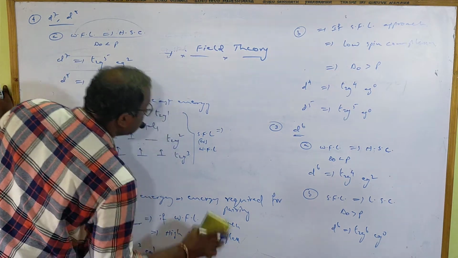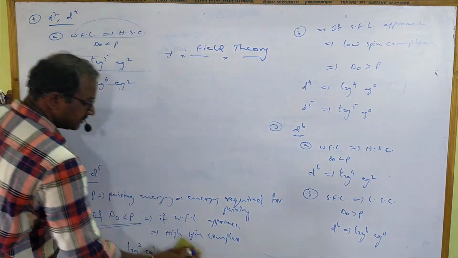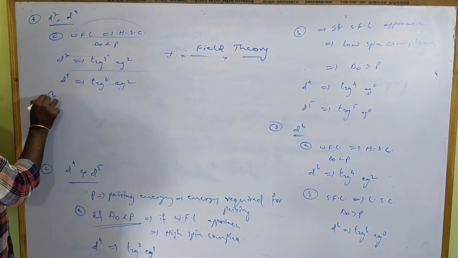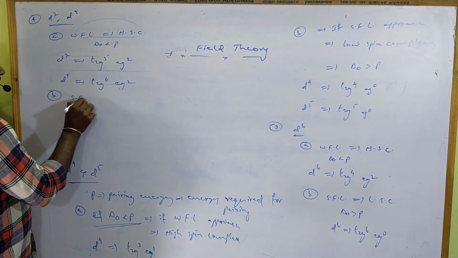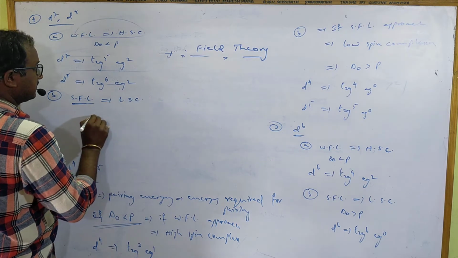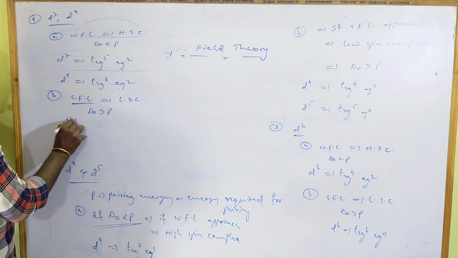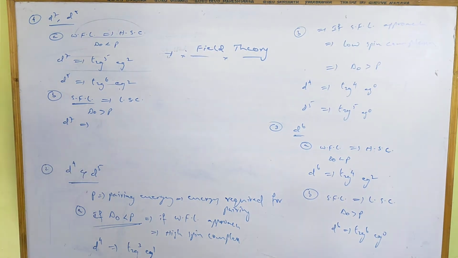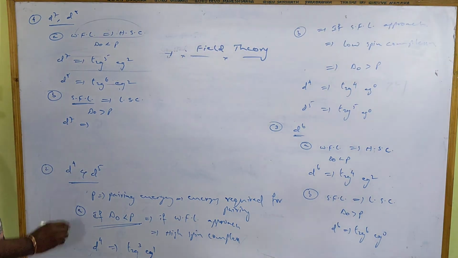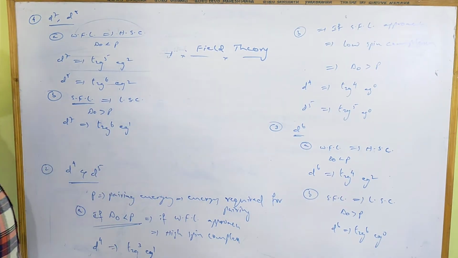If strong field ligands are present, B, I am writing. Strong field ligands form low spin complexes. In this case, delta O is greater than P. And for D7, it will be t2g6 eg1.